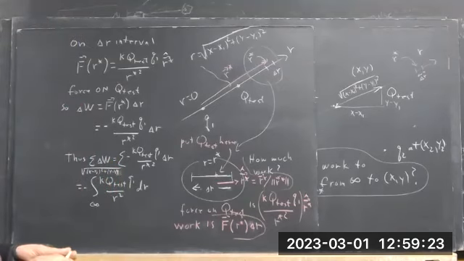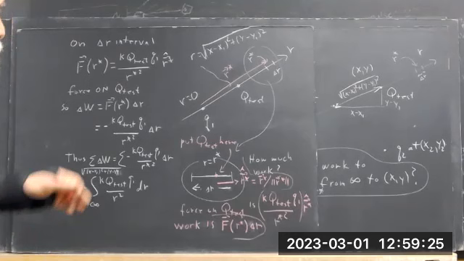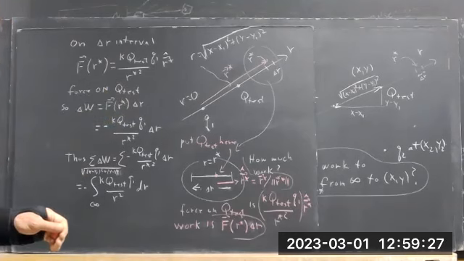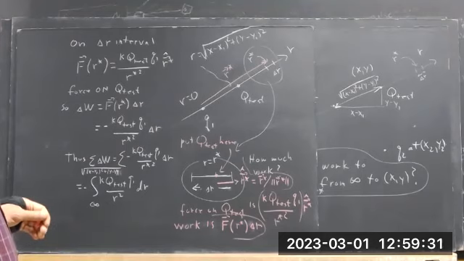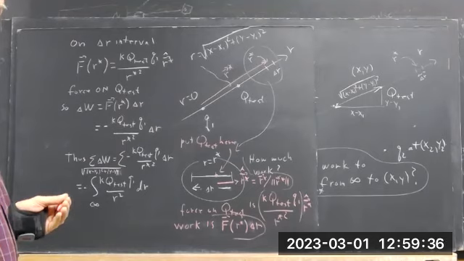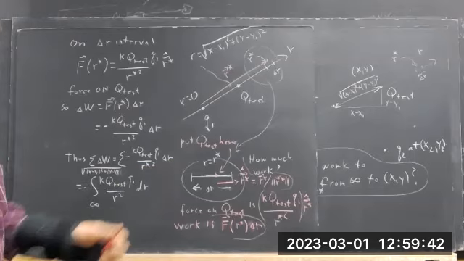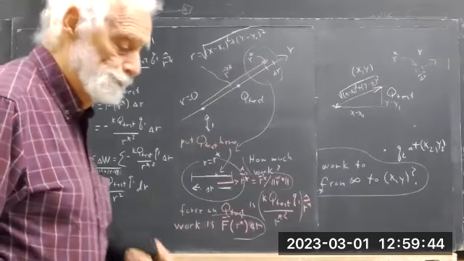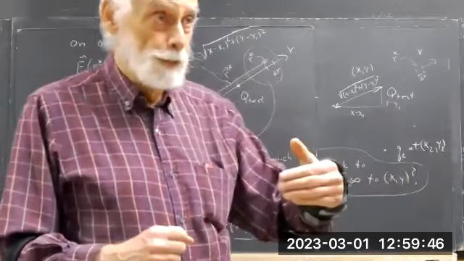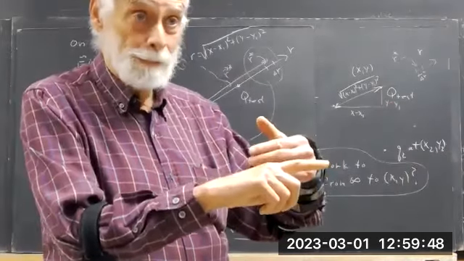Now let's think about what this is. Is that the work done in order to move the charge to this point? Or is it the work done by the force on the charge? In other words, the charge is moving this way, the force is in this direction.